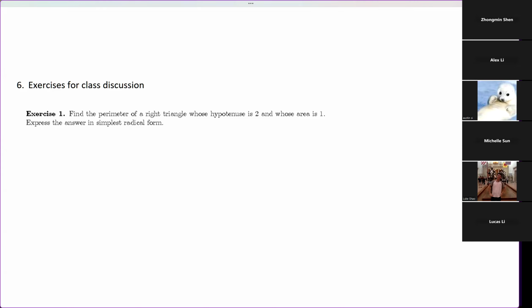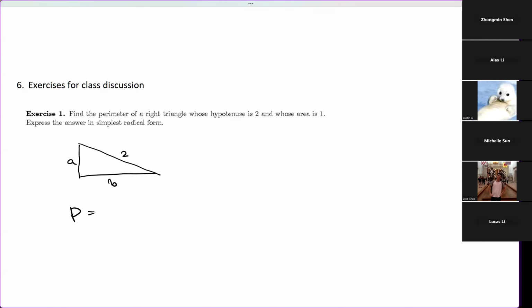You want to find the perimeter. So the hypotenuse 2, and the legs are A and B. If you forget the formula, then use the algebraic identity to solve the problem.